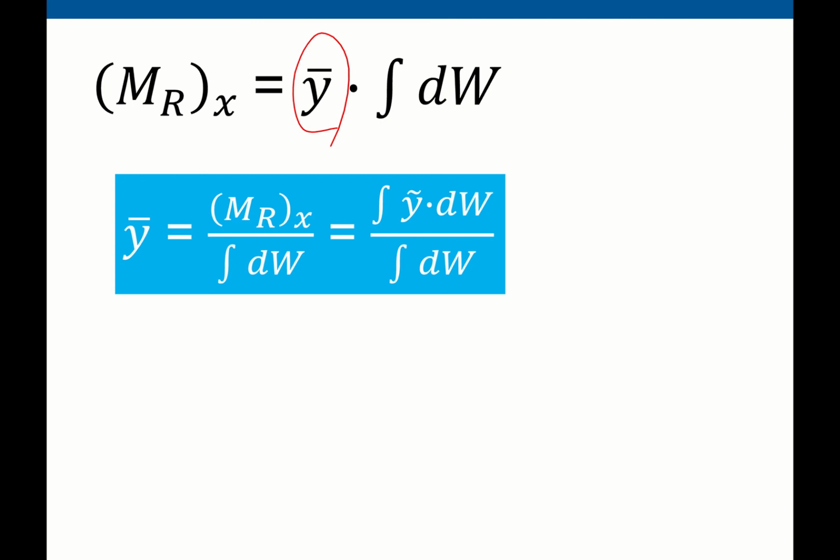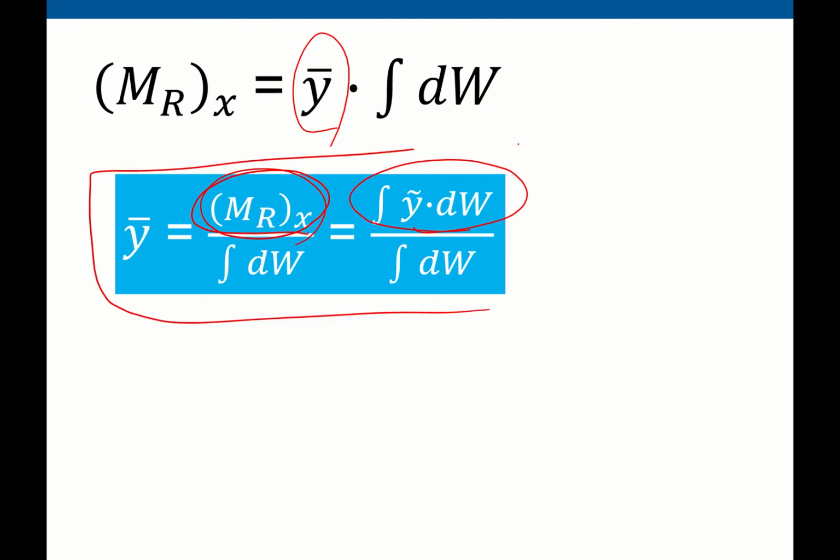For the resultant moment about the x-axis, we can add up all the particles' moments about the x-axis, and that should be equal to the resultant moment. So here we have another integral, y tilde. Tilde is the location of a particle. So integral y tilde times differential weight, each particle's weight. So y bar is here.